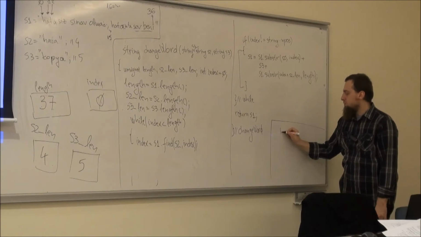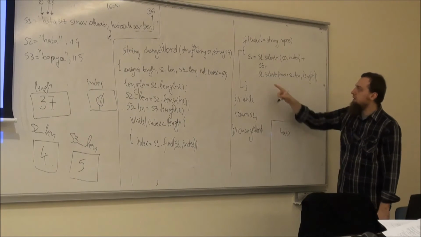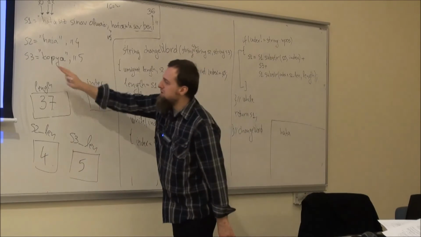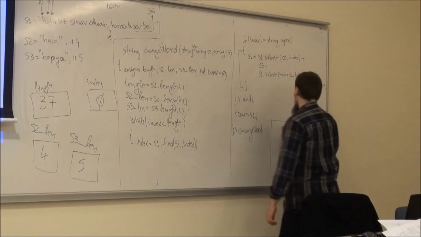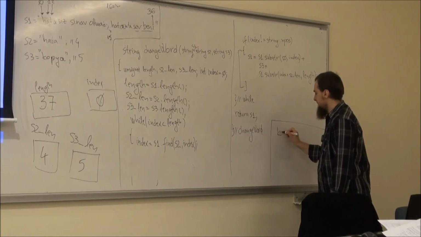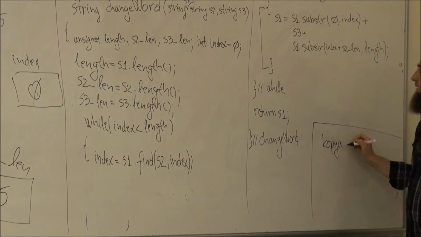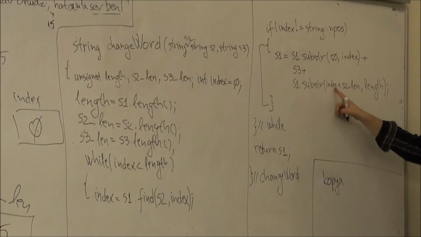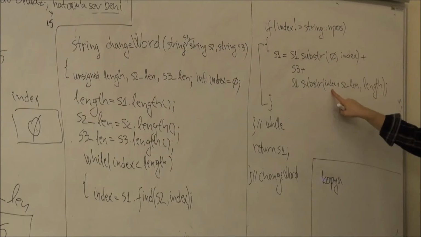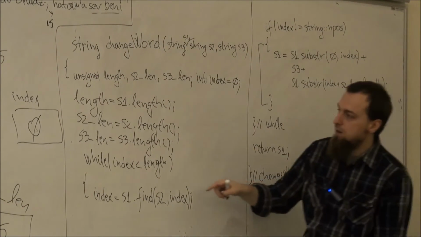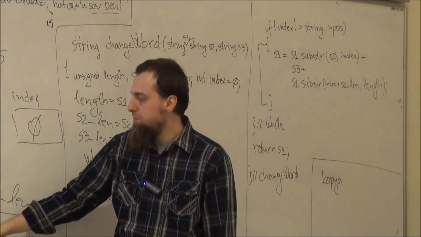So let's say the hata is added. No, it's not, copia is added. S3 is copia. Plus, we add substring from index plus S2 len. Well, let's see. Index is 0. S2 len is 4. 0 plus 4 is 4.